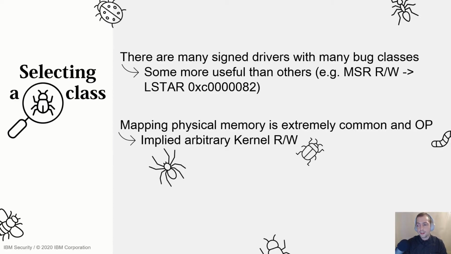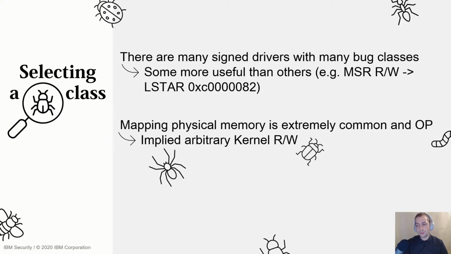The technical details are not totally important for the purpose of this talk, but with MSR ReadWrite, you can intercept syscalls as they happen and redirect execution, but it requires a lot of things to make it work.